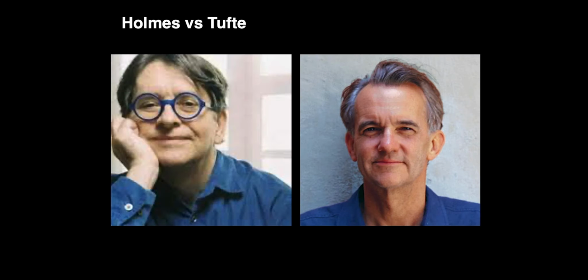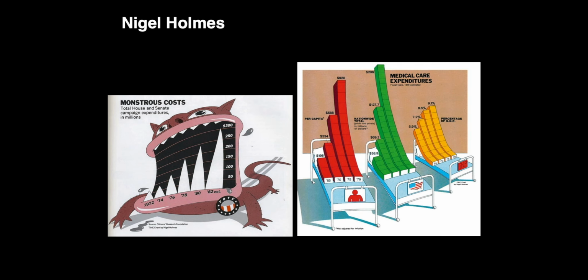Now, when we talk about information design or data visualization or information graphics, there's really two ends to this spectrum, and there are two people that represent either end of that spectrum. On the left, we have Nigel Holmes, and on the right is Edward Tufte. Nigel Holmes has been designing data-driven graphics since the 70s, mainly for magazines like Time magazine, among a number of other news publications.